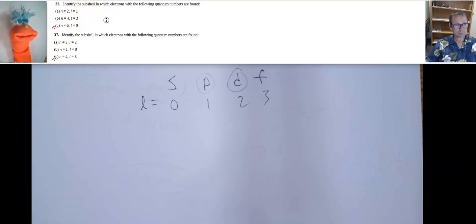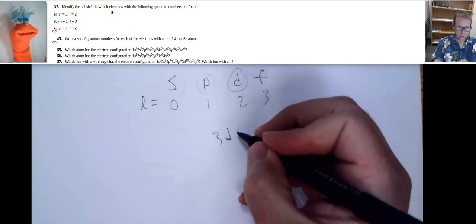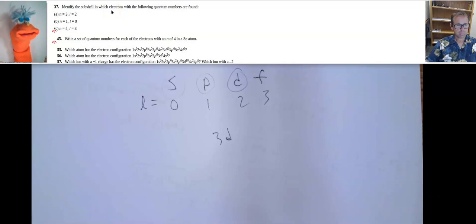All right, so 37, identify the subshell in which electrons with the following quantum numbers are found. I guess what they want us to do here is a little bit more: L equals 2, that's D, but N equals 3 would make it a 3D subshell. N equals 1, L equals 0, so what do you think?